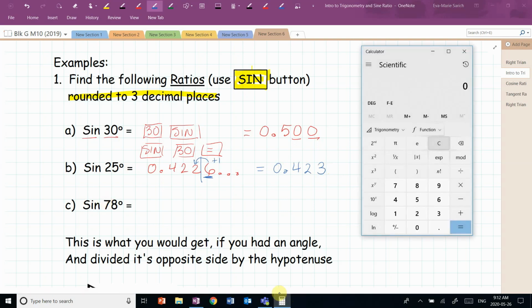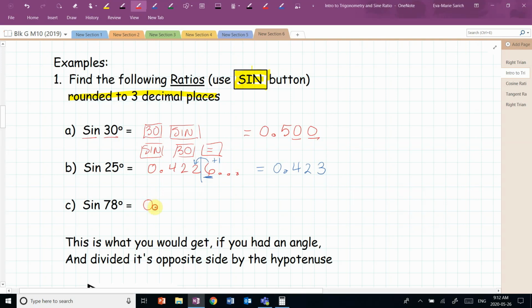So I'm going to clear this, and then I'm going to press 78. And the trigonometry button gives me here, you can see the sine, and it's 0.9781. It continues on, but I'm cutting it off.